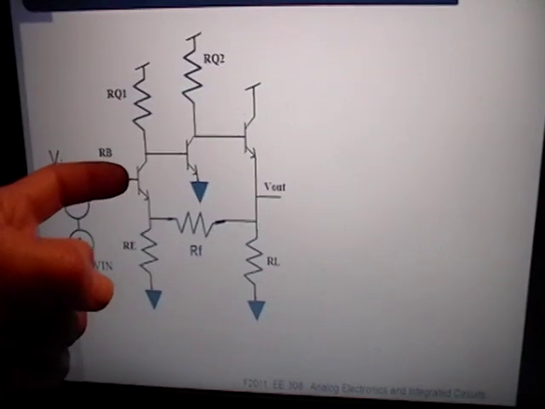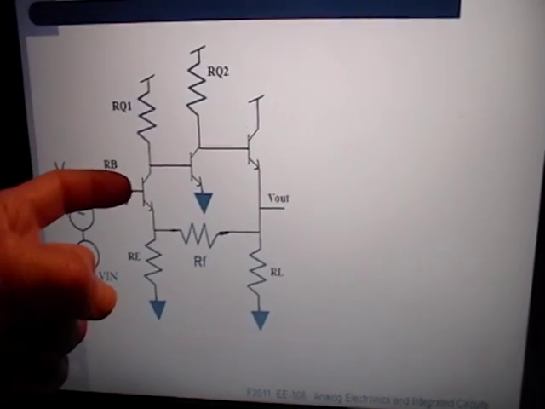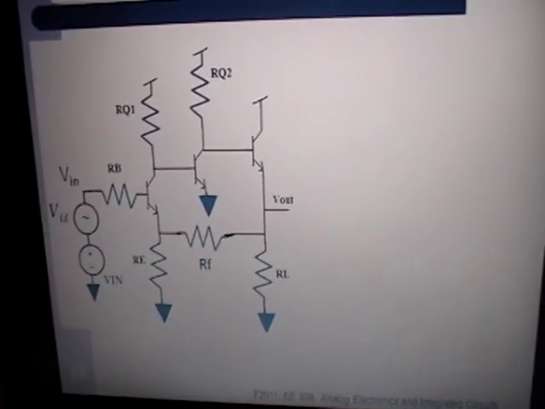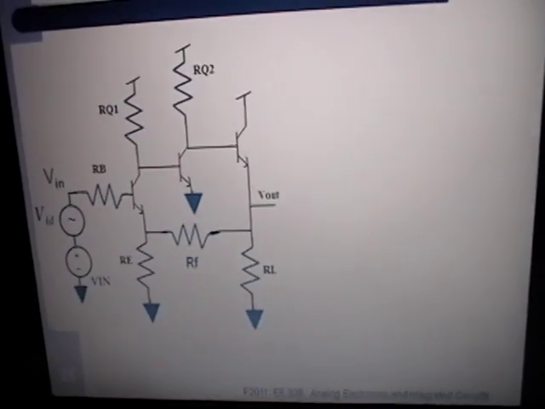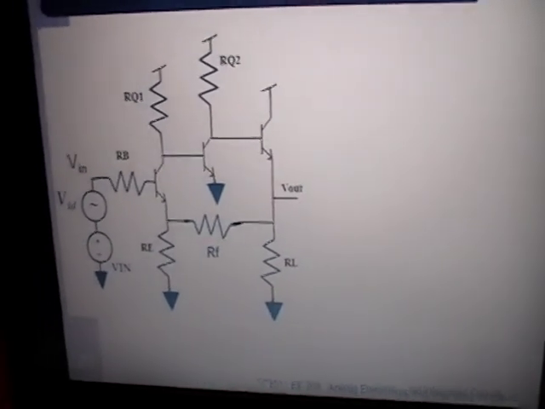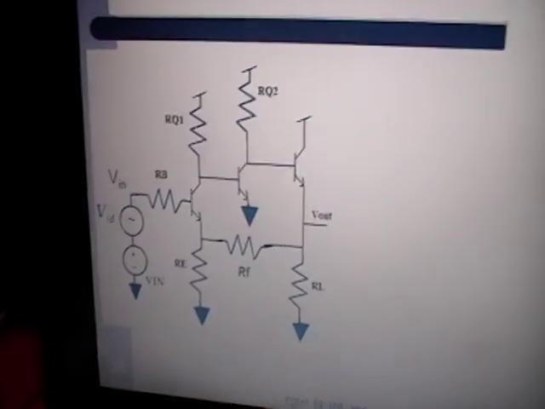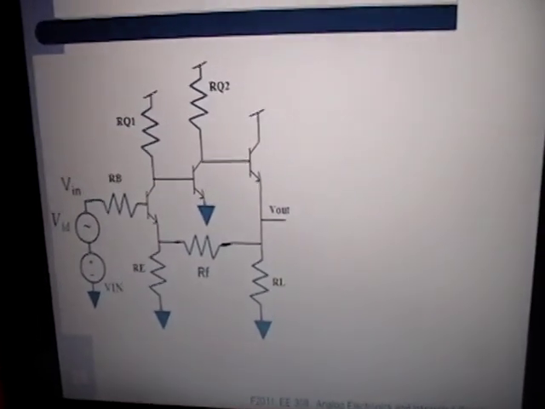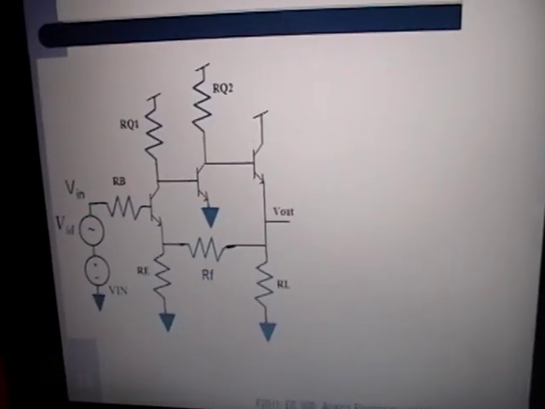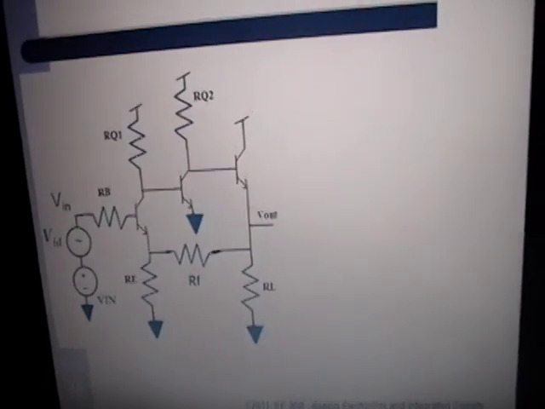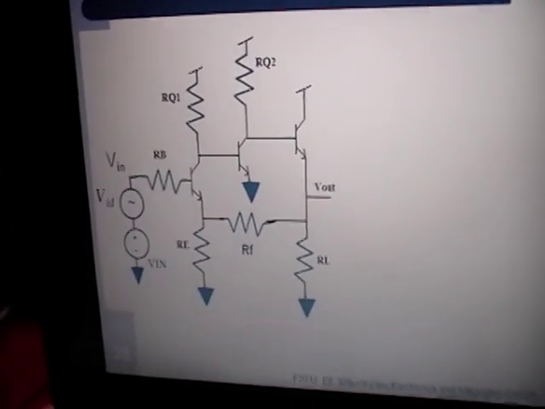Okay, then you find your input. What you look for is a vanilla amplifier, and vanilla is my word. You won't find that in a textbook anyplace. But a vanilla amplifier, you've seen 3 vanilla amplifiers: common emitter, common base, and common collector, or emitter follower.